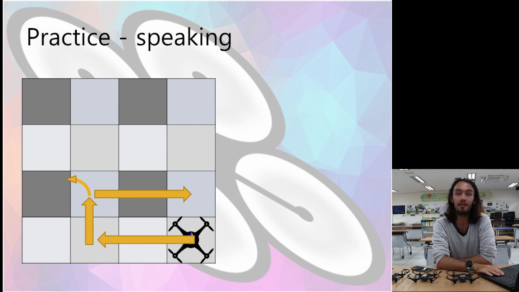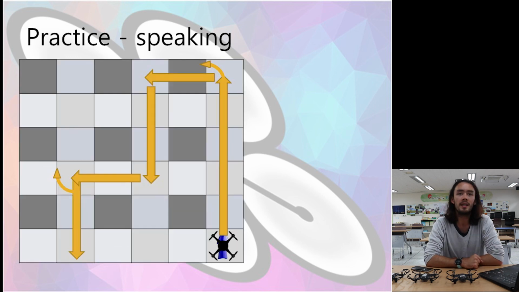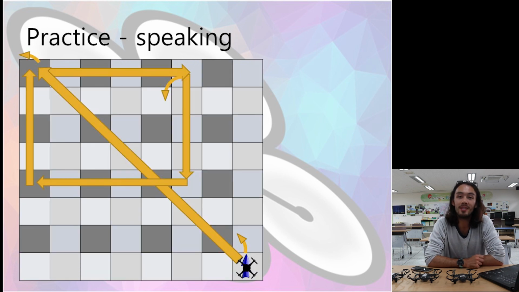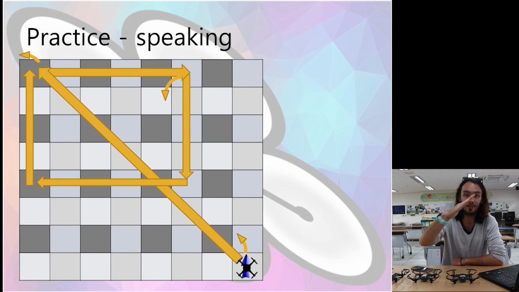So that's the first one. Here is the second one. So the first step is go straight 5 blocks, and then you must fill out the rest. And the last one, rotate 45 degrees to the left, so we're pointing up like that, and then go straight 7 blocks.